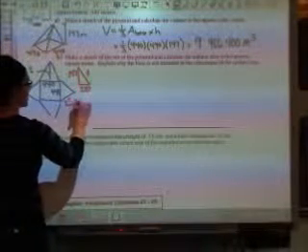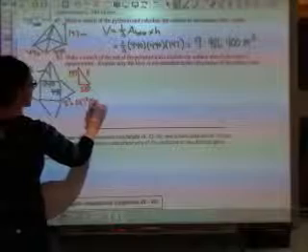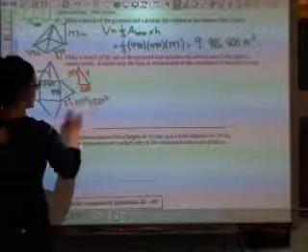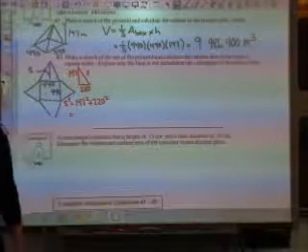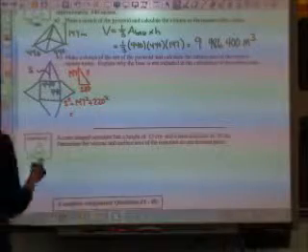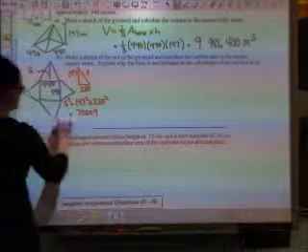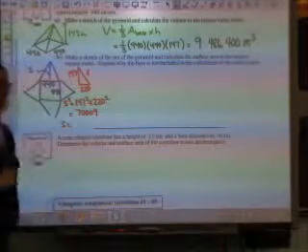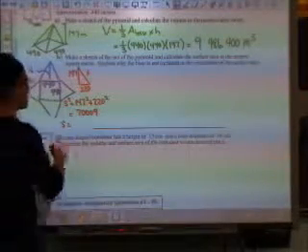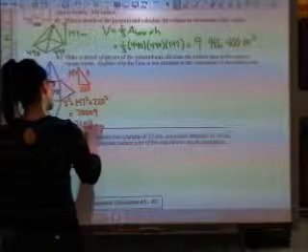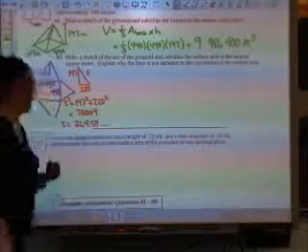So s squared equals 147 squared plus 220 squared. Then I have to take the square root of that answer. So that answer is 70,009. Take the square root of that, and I get 264.59, and it goes on.